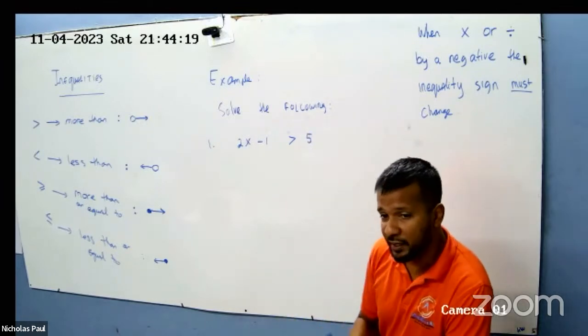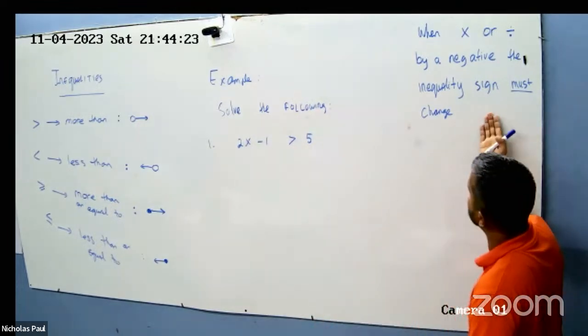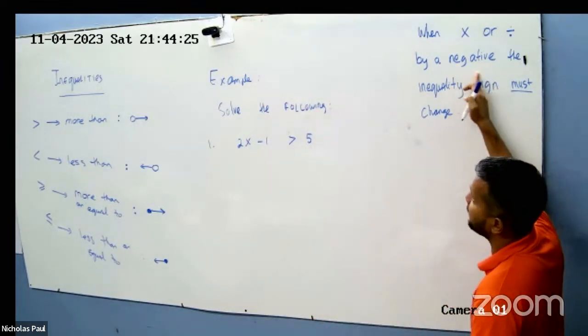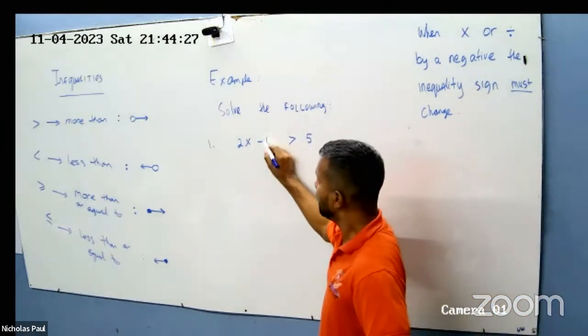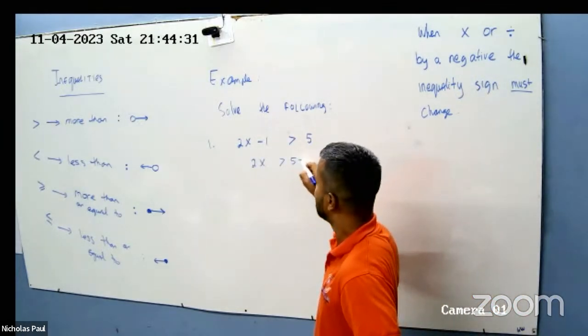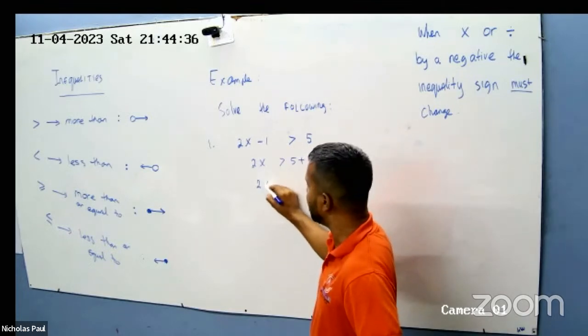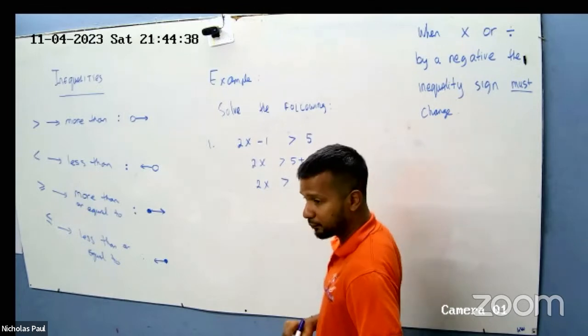We solve it just like if we had an equal sign, right? The only time the rules change is when we're dealing with a negative value, right? So carry the minus 1 across, it becomes what? 5 plus 1, right? So that'll be 2x is more than 6.